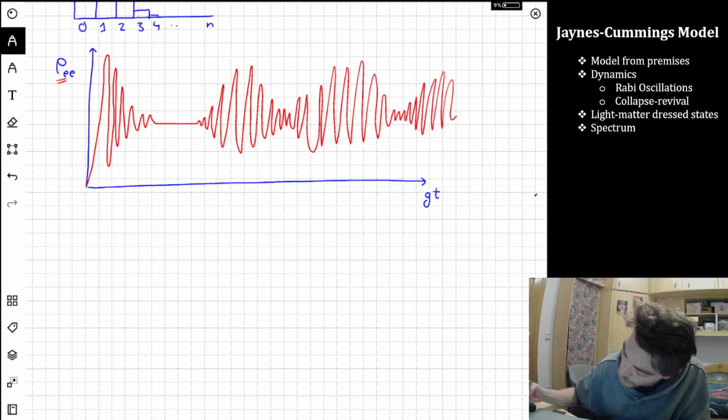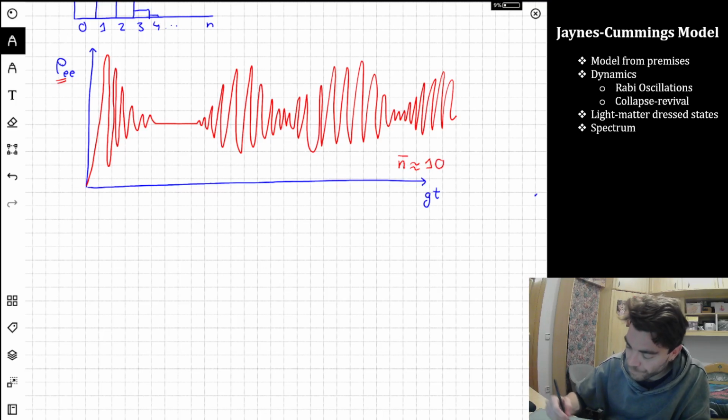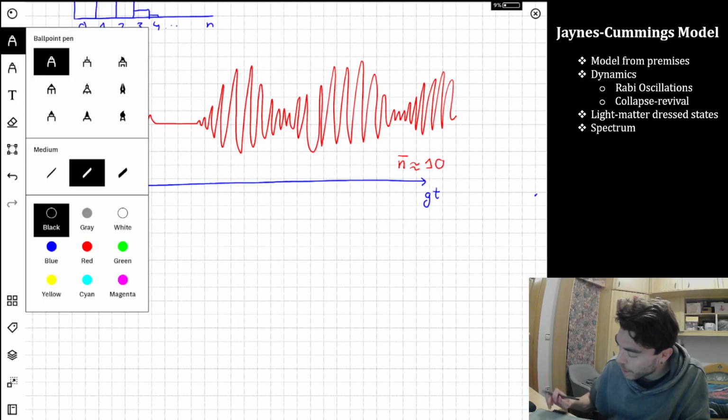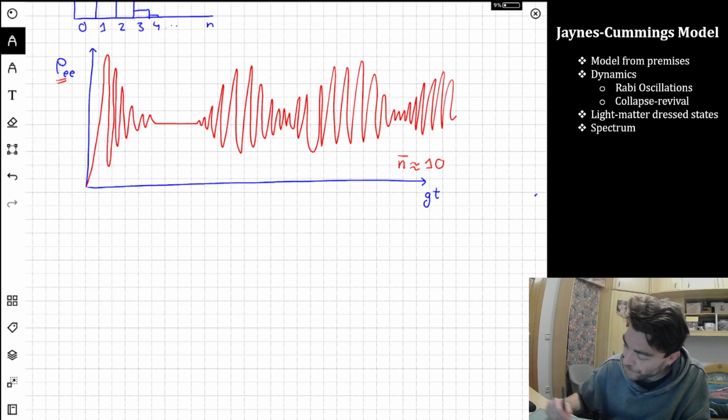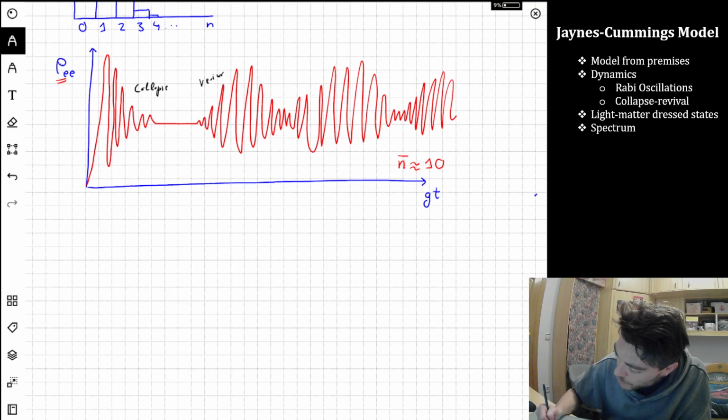And here I'm writing a coherent state with a mean number of photons of about, let's say, 10. But this is just a number, to give you a little guide. So we see the collapse and the revival of some oscillations. This is true, but this behavior is chaotic and quasi-periodic.